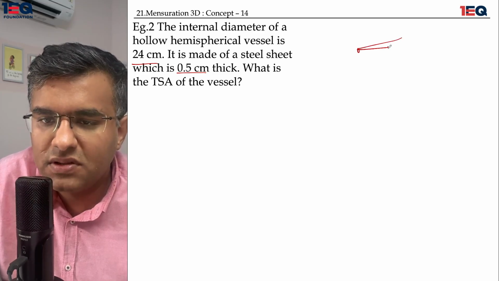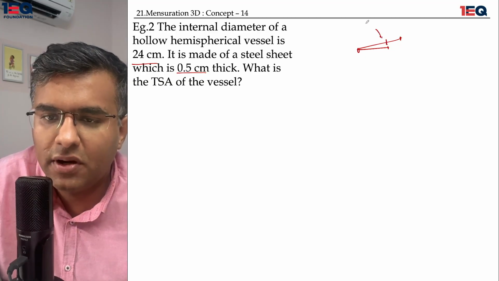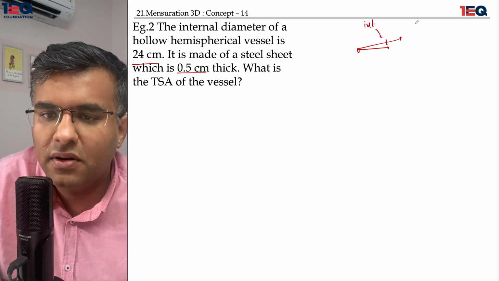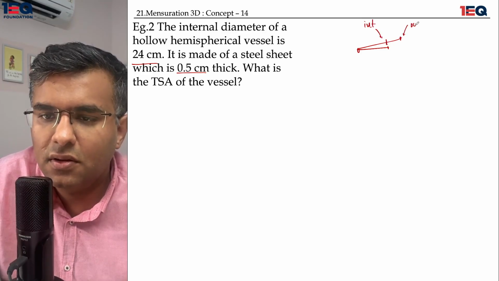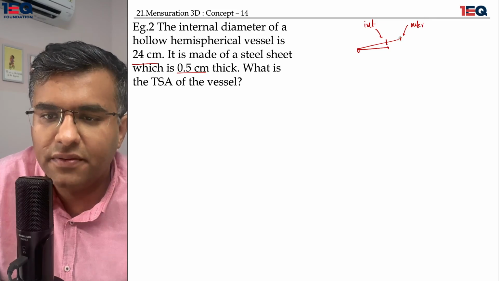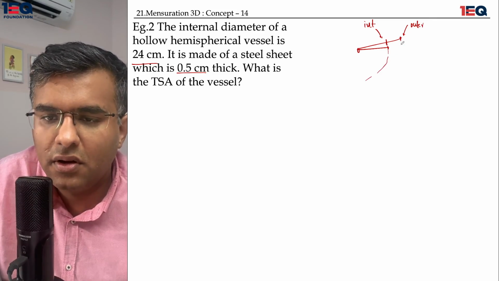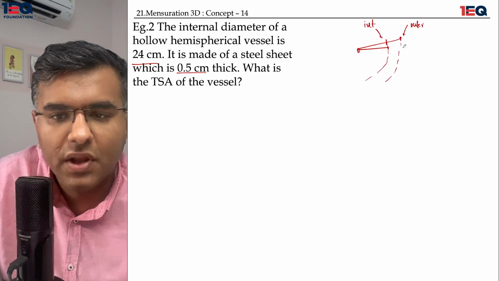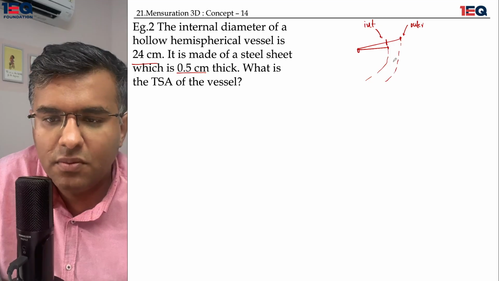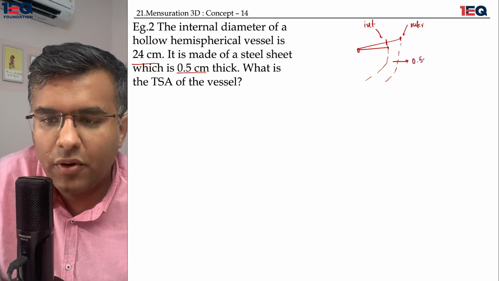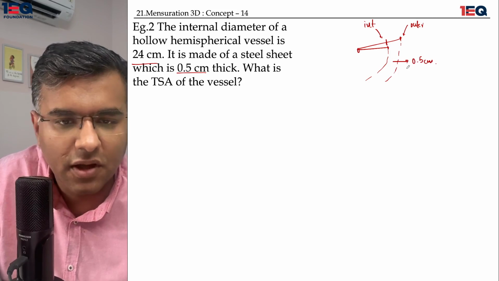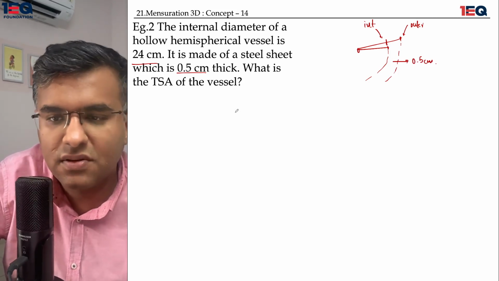This is the internal radius, and this is the outer side of it. And this thickness is what we're talking about, being 0.5 centimeter thick.